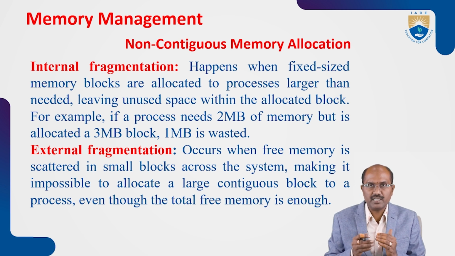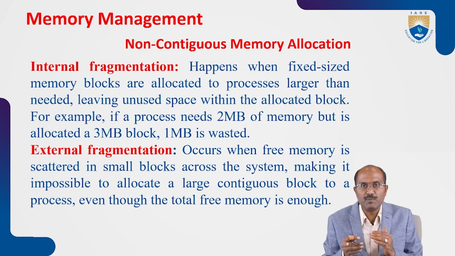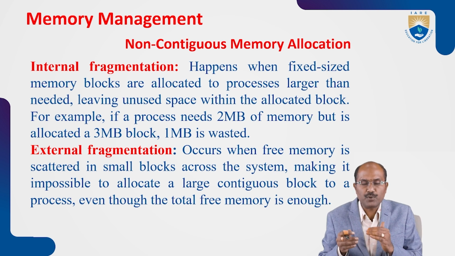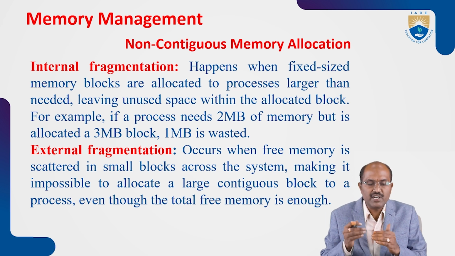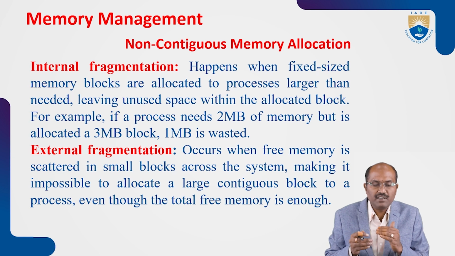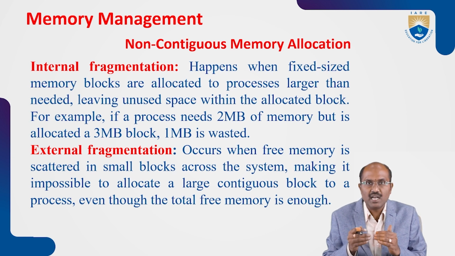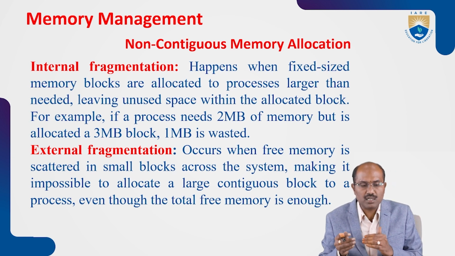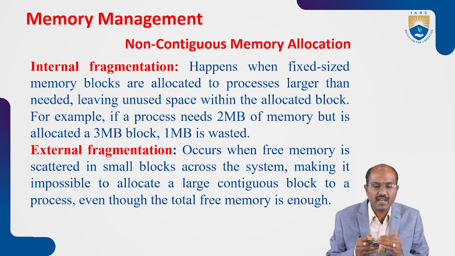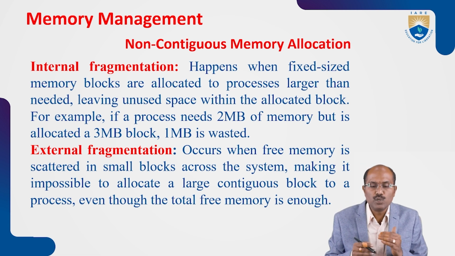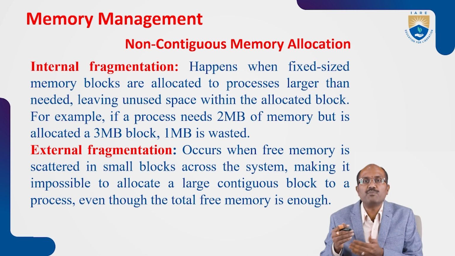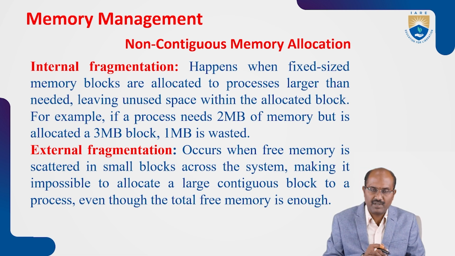Internal fragmentation occurs when fixed-size memory blocks allocated to a process are larger than needed, leaving unused space within the allocated block. For example, a process needs 2 MB of memory but is allocated 3 MB, so 1 MB of memory is wasted. That is called internal fragmentation.